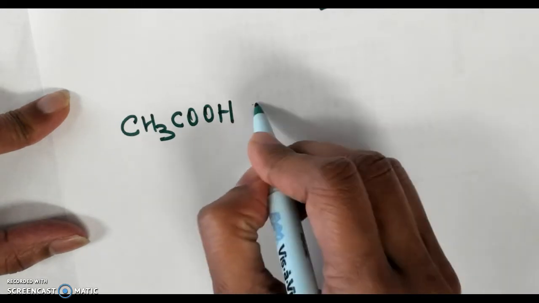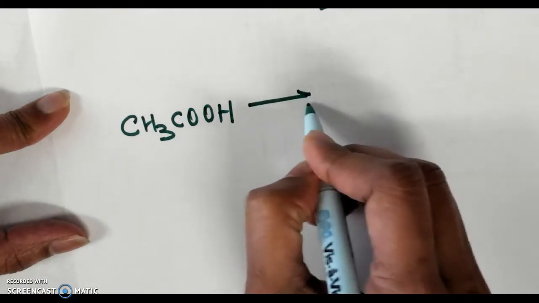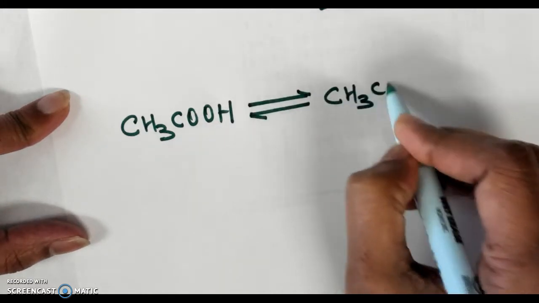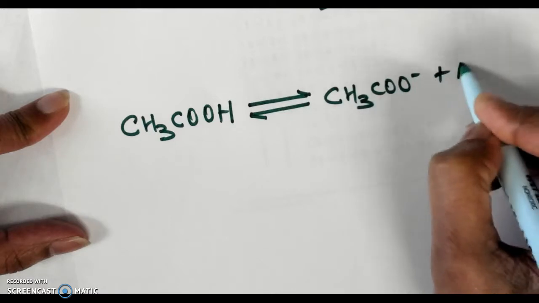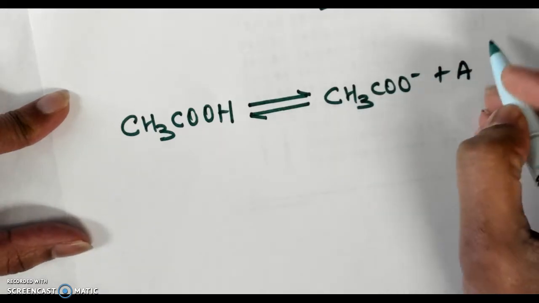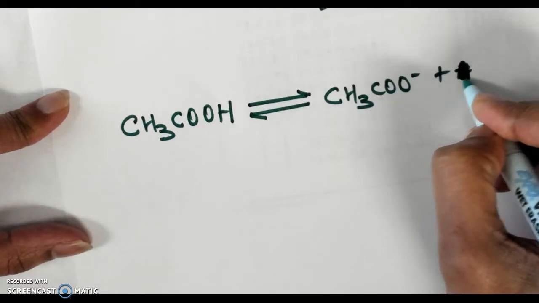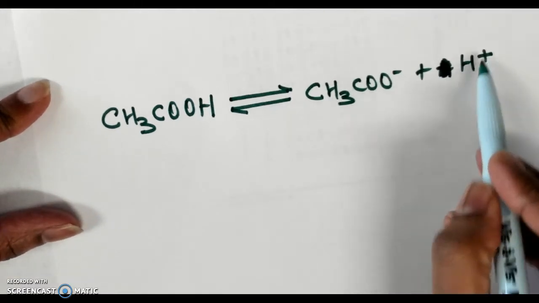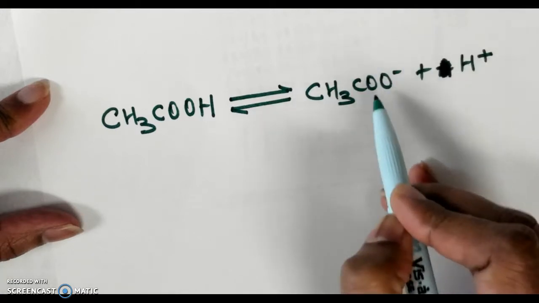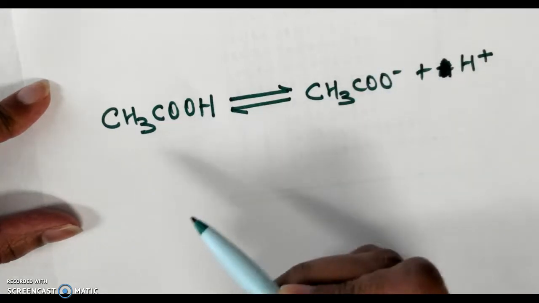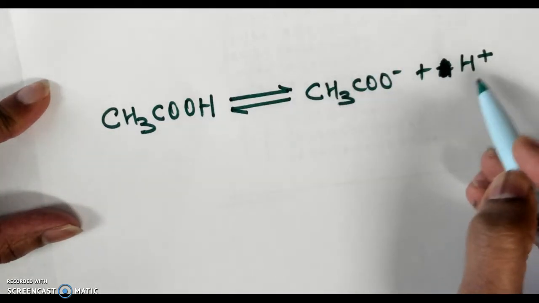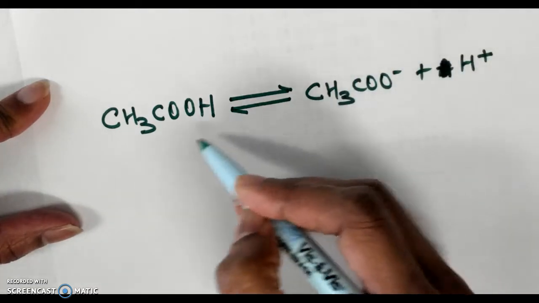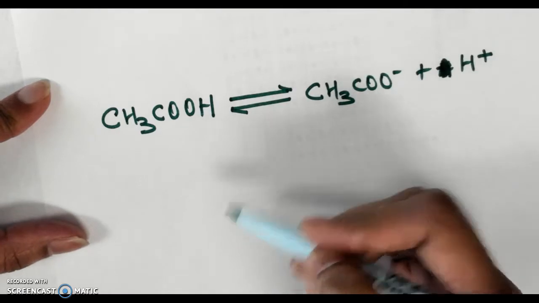So we're going to indicate the ionization as a reversible process, where there's a huge possibility of these two ions recombining back to make the acid. So there's a huge chance of these two ions combining to go for a reversible reaction.